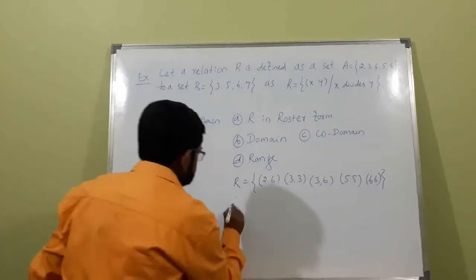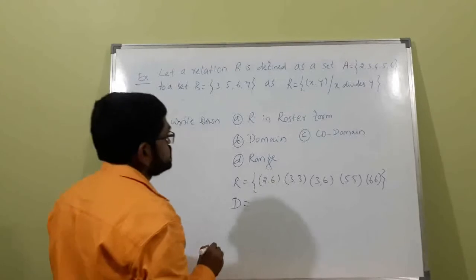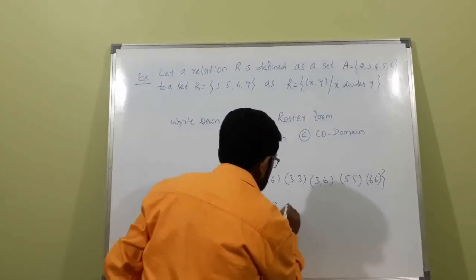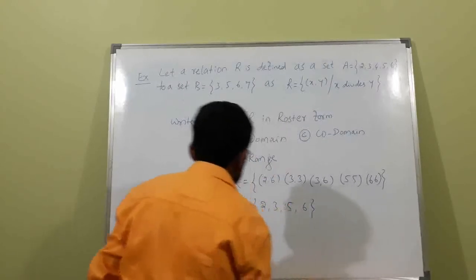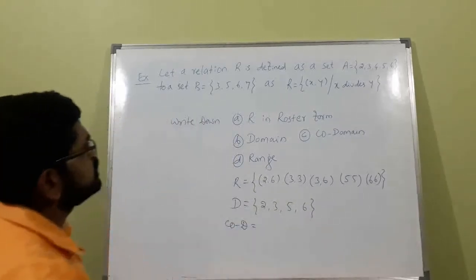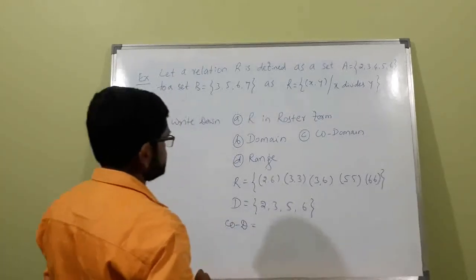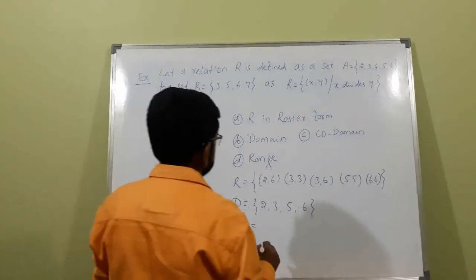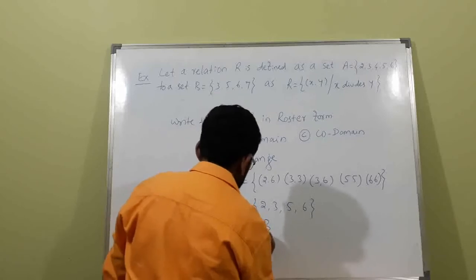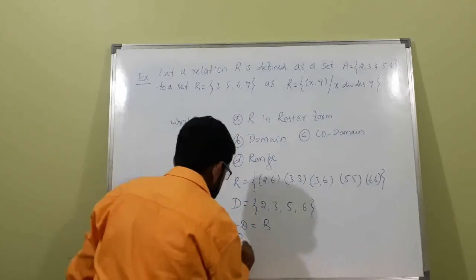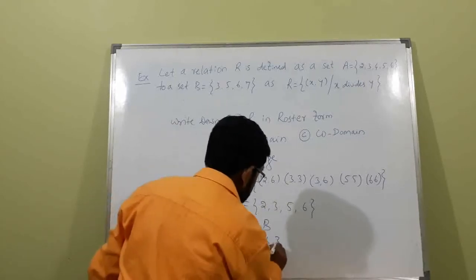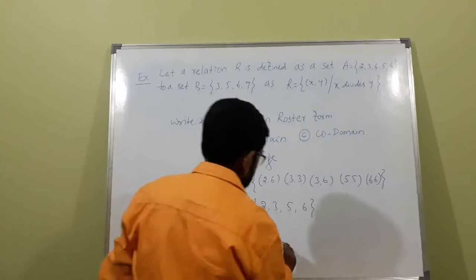Domain is the set of all first elements: 2, 3, 5, 6. And codomain is this B, and range is 6, 3, 5.